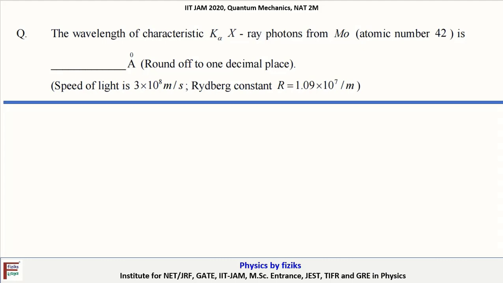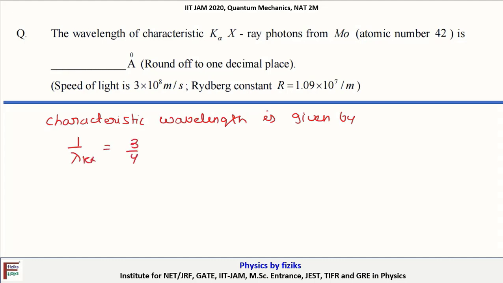Now, the characteristic wavelength is given by this relation: 1 by lambda K alpha is equal to 3 by 4 R infinity (Z minus b) square. So lambda K alpha is equal to 4 by 3 R infinity (Z minus b) square.